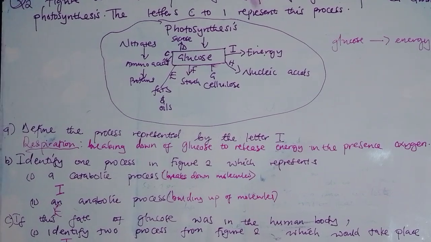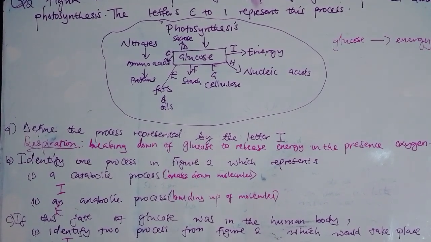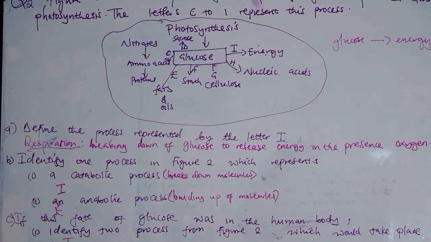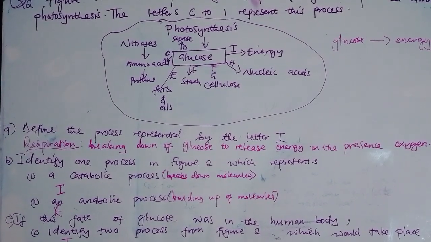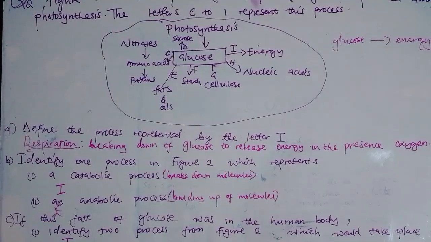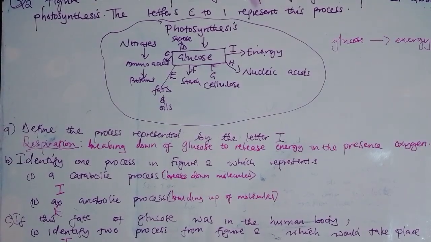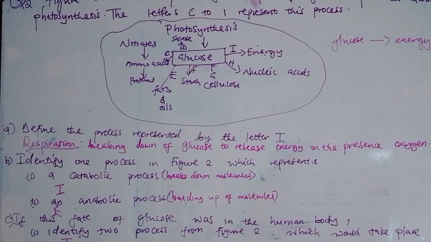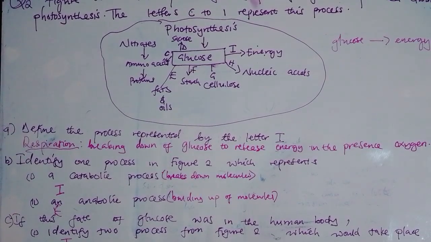Then question 2 says, state the form in which glucose would be stored. If we are talking about a human being, which form does glucose get stored in? We know that glucose in human beings is converted to glycogen, in the liver and muscle cells.